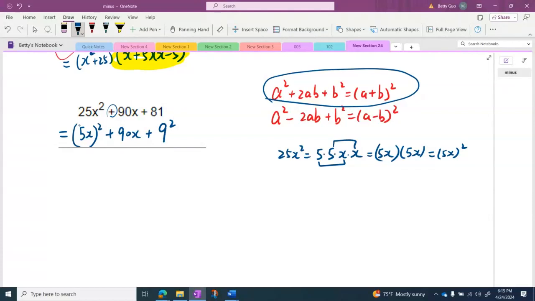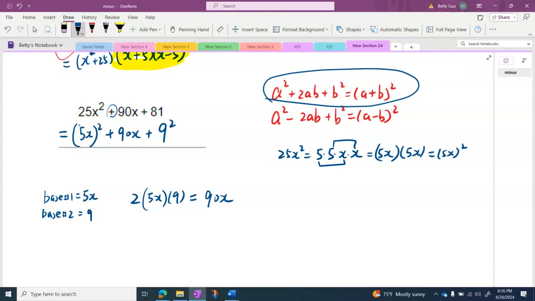So the first base is 5x, and the second base is 9. If I multiply the two bases together and double it, let's see what we have. 2 times 5 is 10, 10 times 9 is 90, 90x.